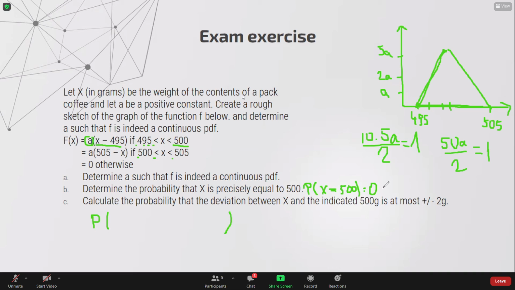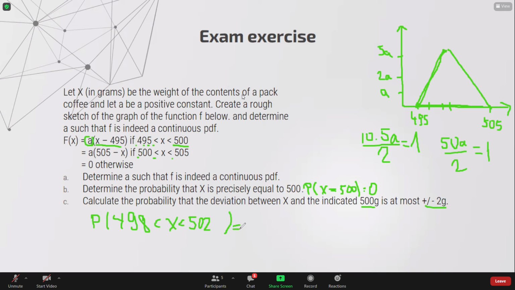The numbers are basically plus minus 2, and the standard is 500. So it should be 498, the minimum. Then we have x, and the maximum should be 502. That is the interval that we are interested in. We are allowed to have x only between those two numbers. We are not allowed to have 510 grams, for example.